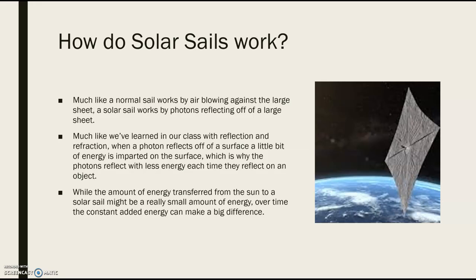While the amount of energy transferred from the sun to a solar sail might be a really small amount of energy, over time, the constant added energy can make a big difference, and you can have a solar sail that's traveling at extremely high speeds.